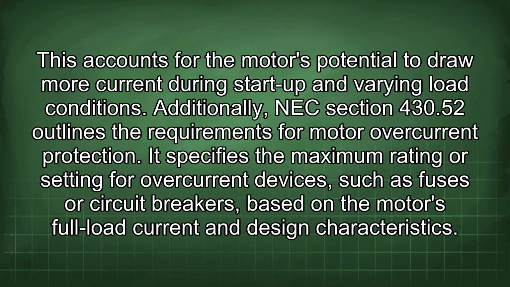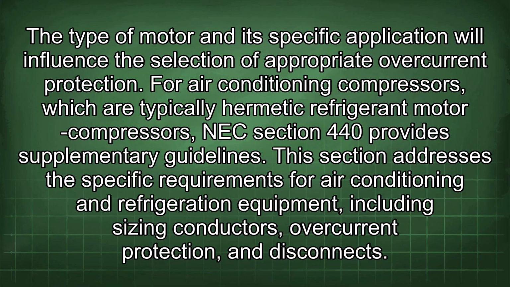Additionally, NEC Section 430.52 outlines the requirements for motor overcurrent protection. It specifies the maximum rating or setting for overcurrent devices such as fuses or circuit breakers based on the motor's full load current and design characteristics. The type of motor and its specific application will influence the selection of appropriate overcurrent protection.